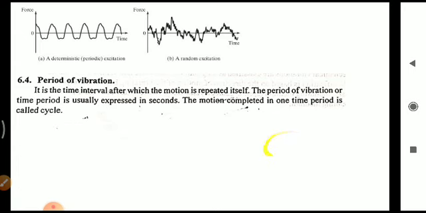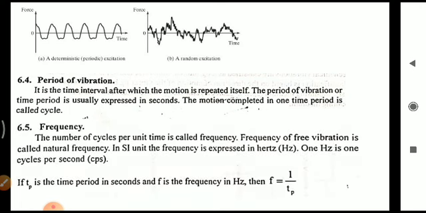We have already heard that normally in our house the electricity comes with a frequency of 50 hertz. That means the AC current, a sine wave, will be oscillating 50 times in a second. If the frequency is 50 hertz, the time period will be 1 by 50.